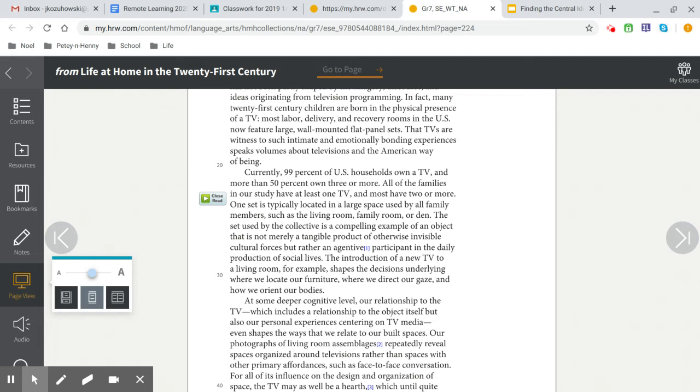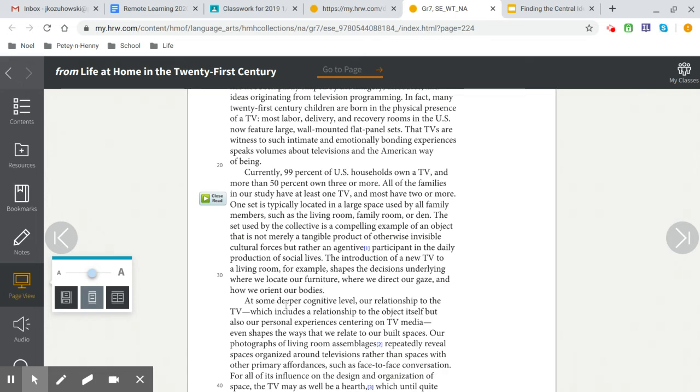The set is used by the collective as a compelling example of an object that is not merely a tangible product of otherwise invisible cultural forces, but rather an agentive participant in the daily production of social lives. The introduction of the new TV to a living room, for example, shapes the decisions underlying where we locate our furniture, where we direct our gaze, and how we orient our bodies.